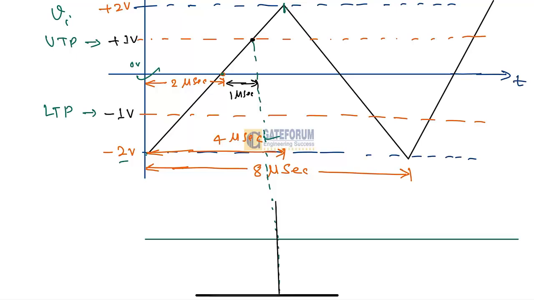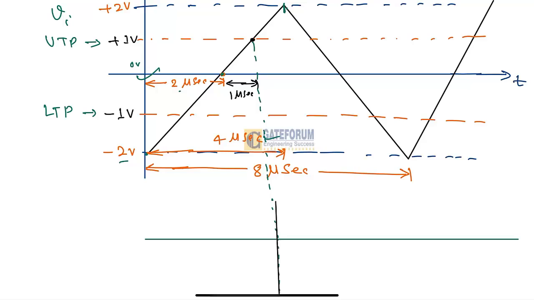From minus 2 volt to plus 2 volt it has a swing of 4 volt. So to reach from minus 2 volt to 0 volt, a swing of 2 volt, how much time will it take? It will take 2 microseconds. To reach further to the UTP, it will take a further 1 microsecond.